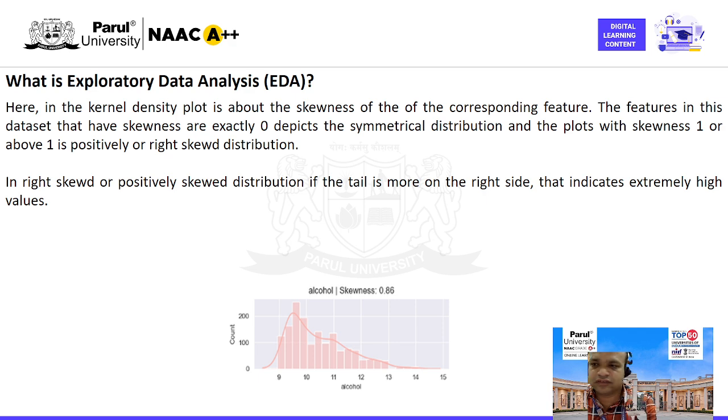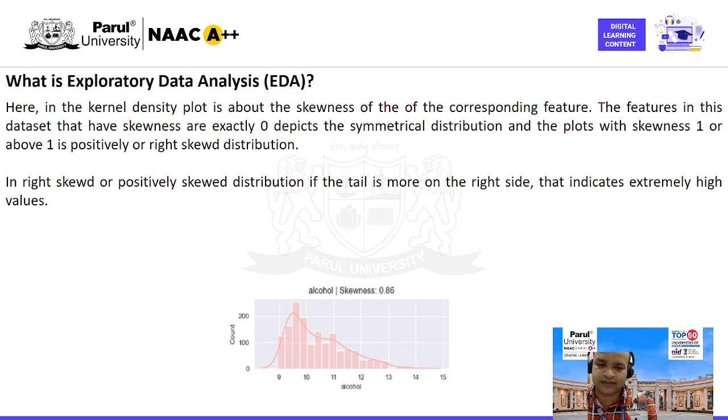The features in this data set that have skewness exactly zero represent a symmetrical distribution, and the plots with skewness 1 and above are positively or right skewed distributions.